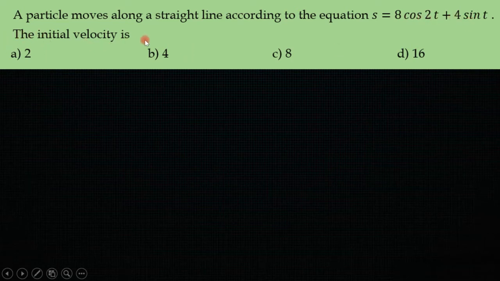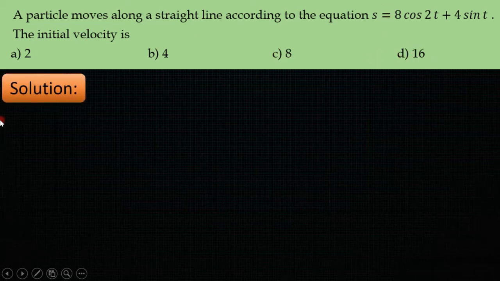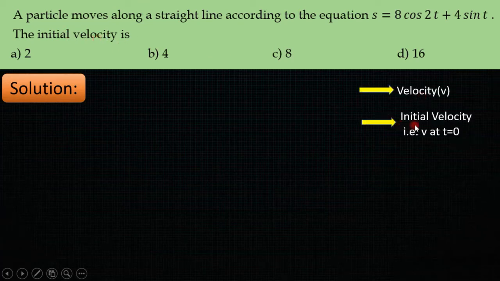The initial velocity is, options are 2, 4, 8, 16. Let us find this. Here, first we find the velocity. Initial velocity means taking velocity at t = 0.